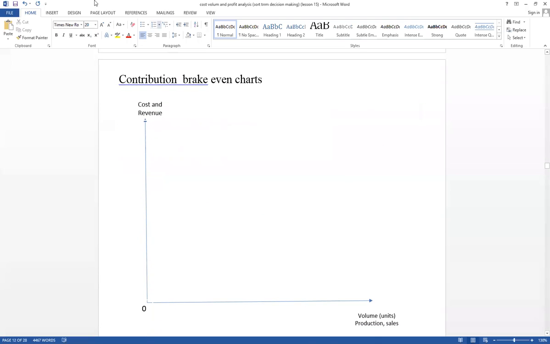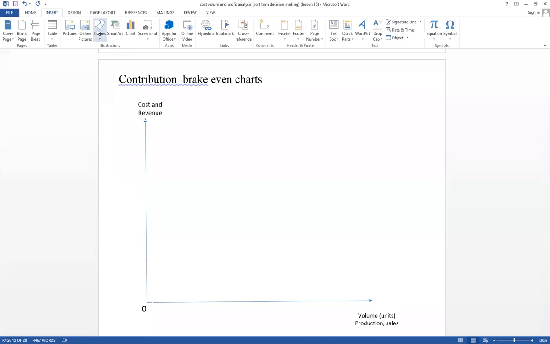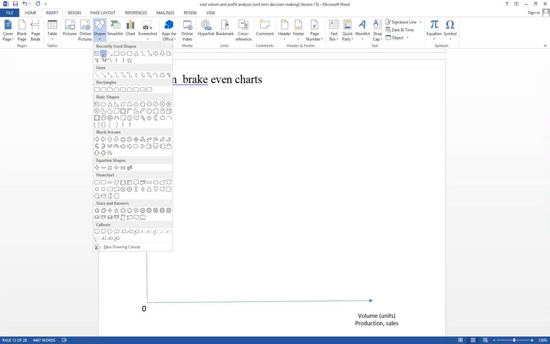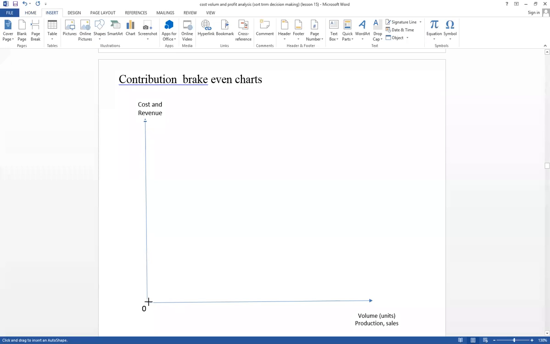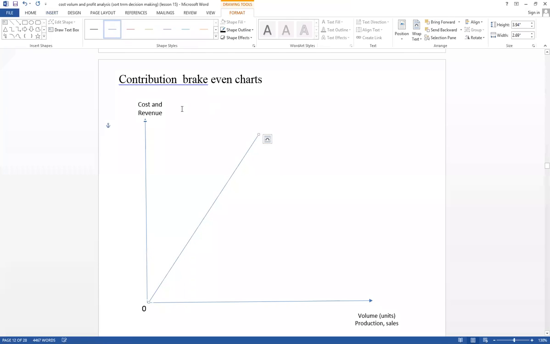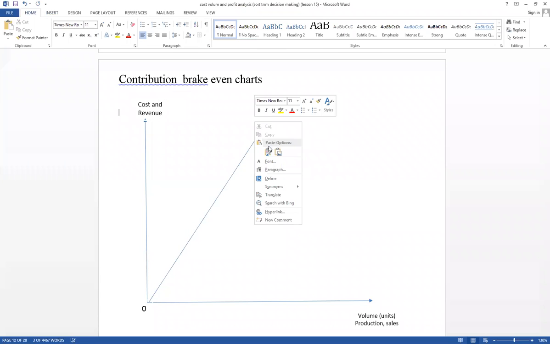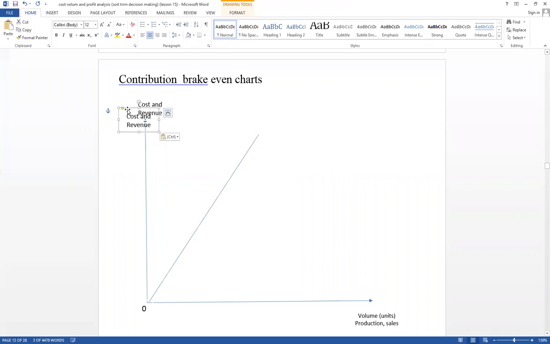First one, think about total revenue. It starts from zero and increases proportionately. Therefore, this is the total revenue, TR. It varies with the quantity.